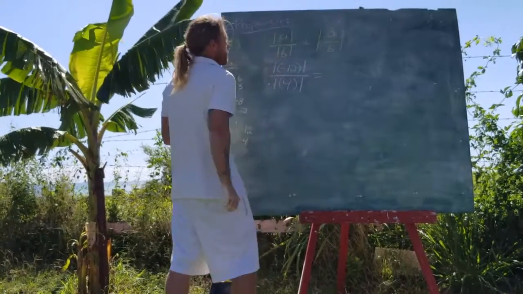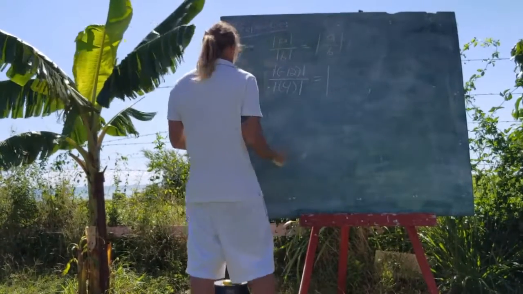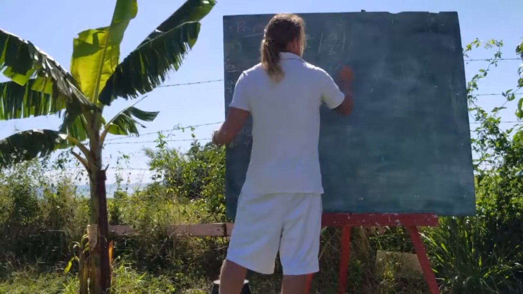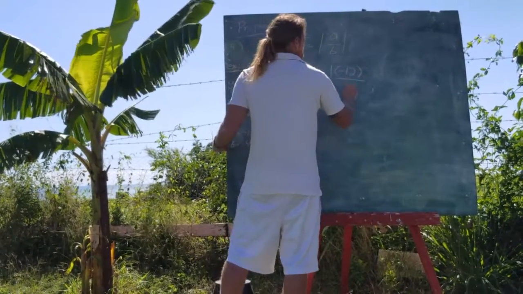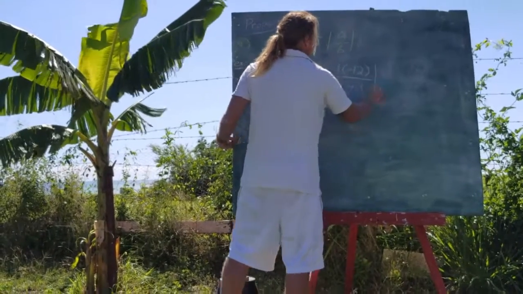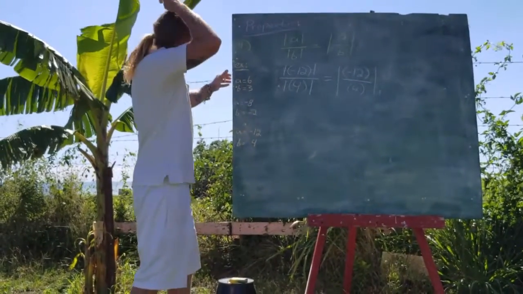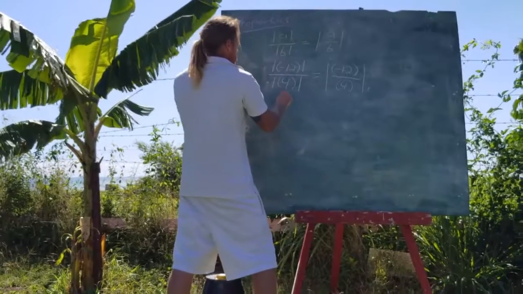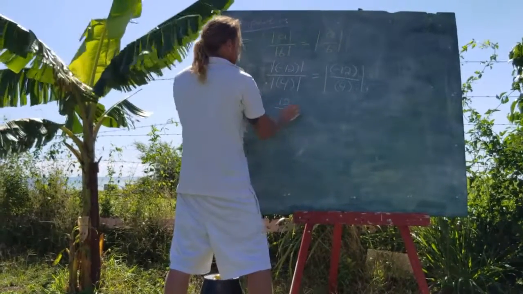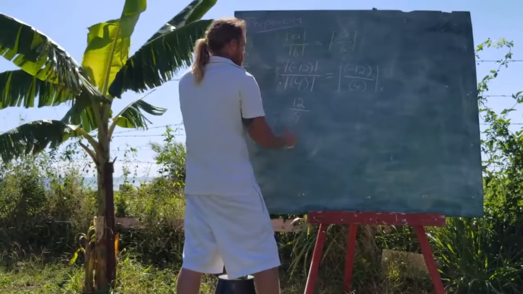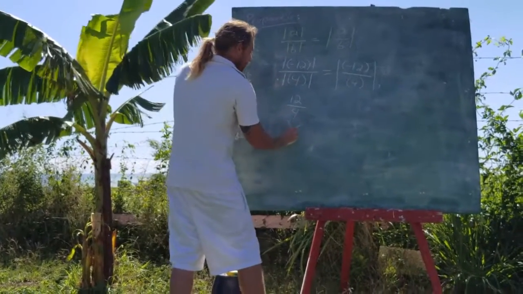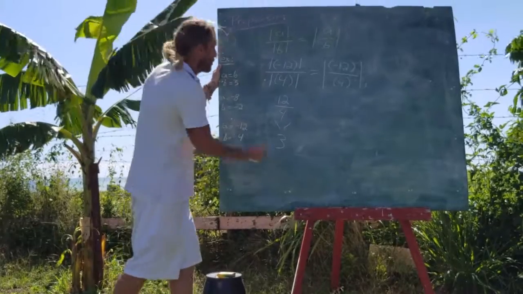Is that equal to the absolute value of negative 12 over positive 4? Again, we'll start with this side. The absolute value of negative 12 is positive 12 over the absolute value of 4 is positive 4. 12 divided by 4 is 3.